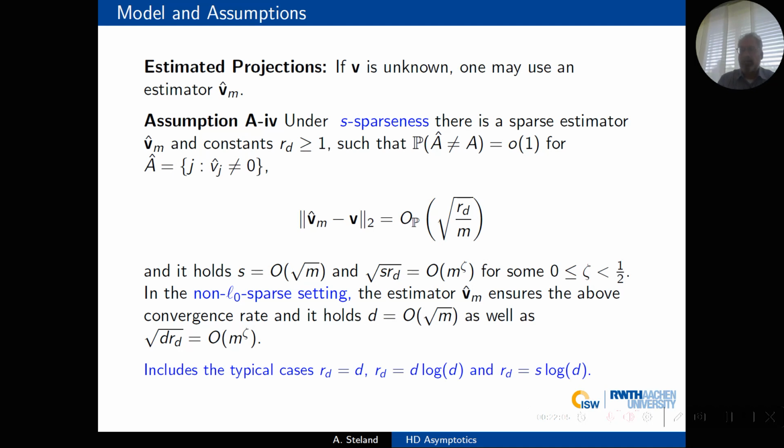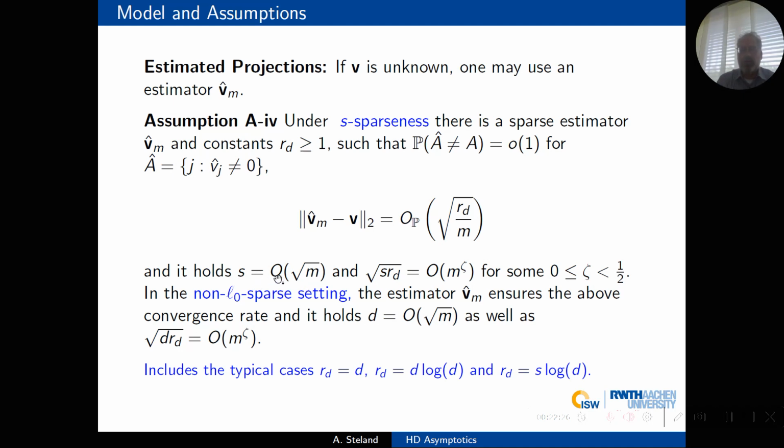And if you have sparse estimators, then the sparseness parameter S, which means you assume that you have only S active coordinates and you estimate them, takes the role of the dimension.